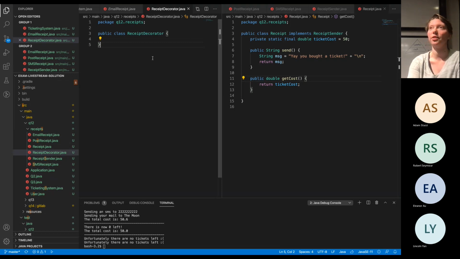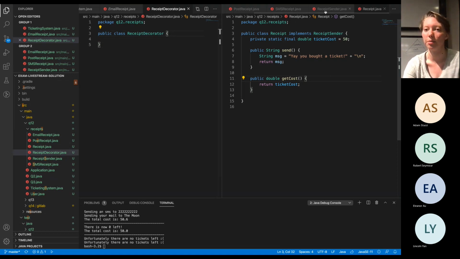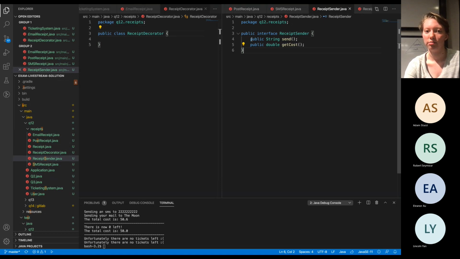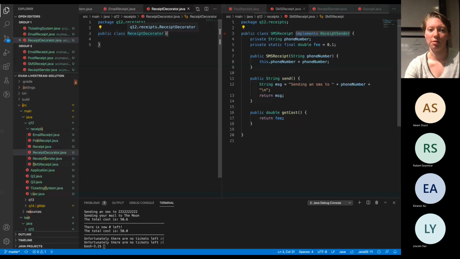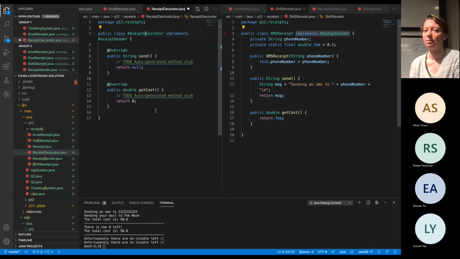basically the way the decorator pattern works is that we want to have an implementation of it. It needs to be of type receipt sender, but then instead of doing SMS receipts implements receipt sender, we want to actually move this part here to here, and then we can go, okay, well, all right, go add these unimplemented methods.